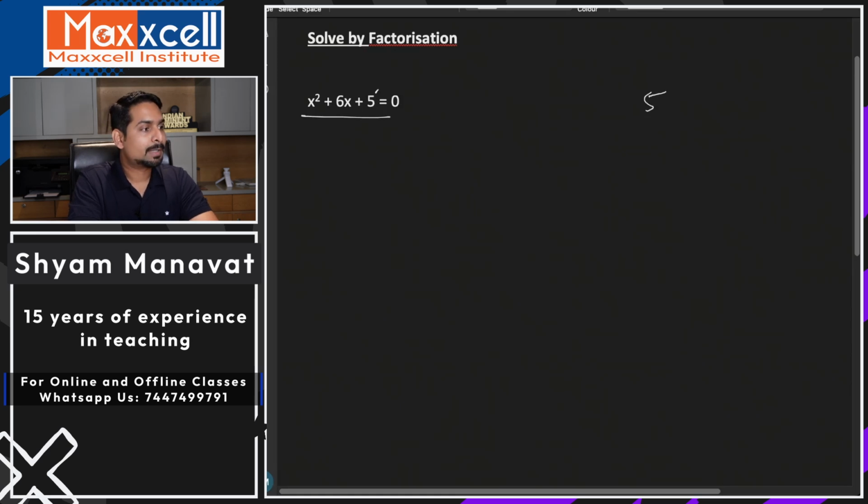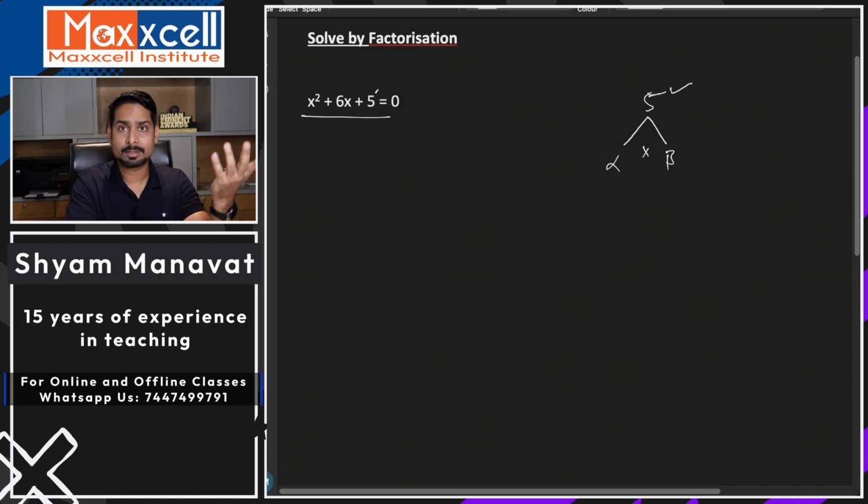Now we split this constant in two parts such that the product of both should be equal to the same constant.